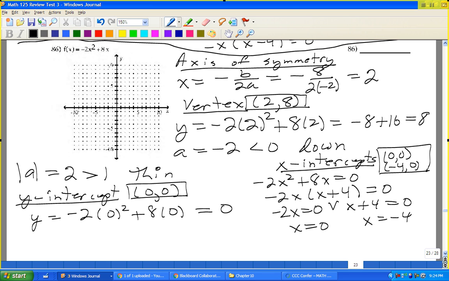And so the intercepts are at 0 and negative 4. And so let's sketch the graph of this.